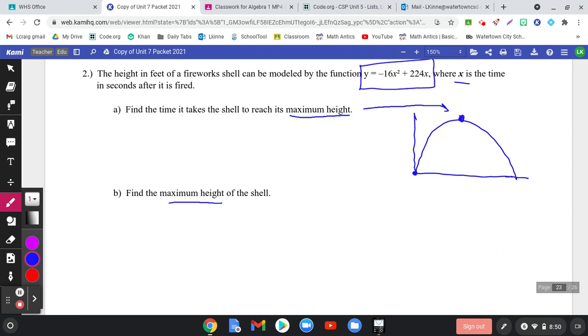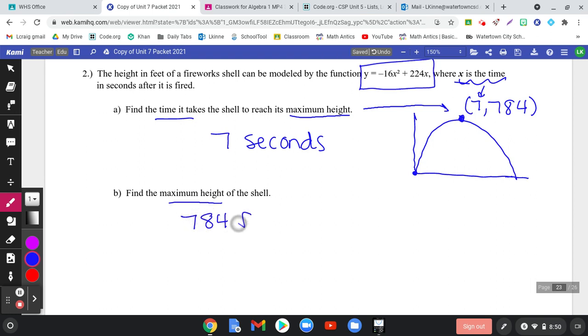That's your max. 784. So x is the time. It says right above it. So find the time it takes the shell to reach maximum height, 7 seconds. The maximum height is going to be your y value, 784 feet.